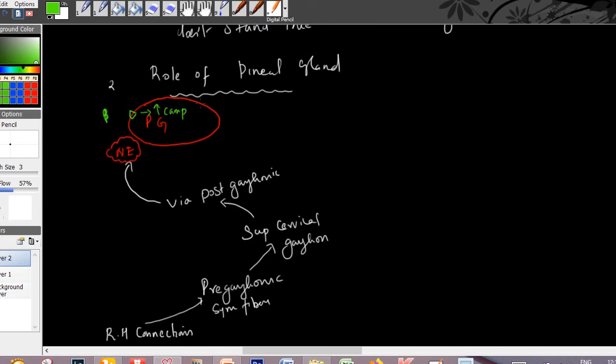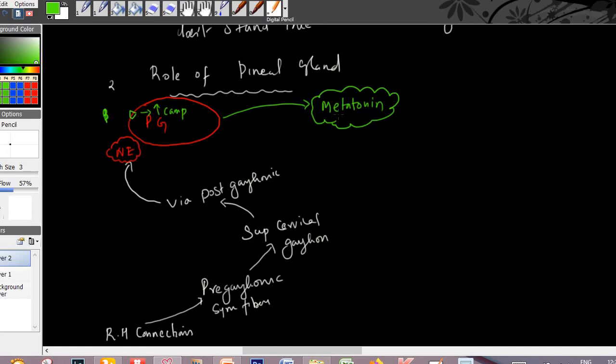Through this increased cAMP mechanism, what is going to get released from the pineal gland is melatonin. So melatonin is released as a result of activation of the pineal gland.